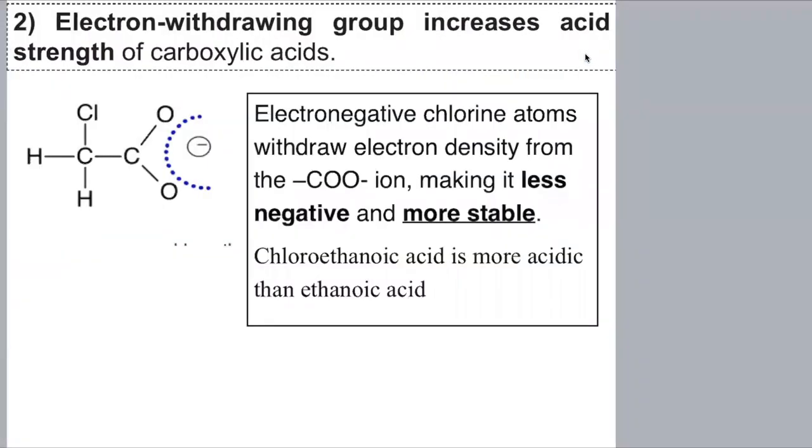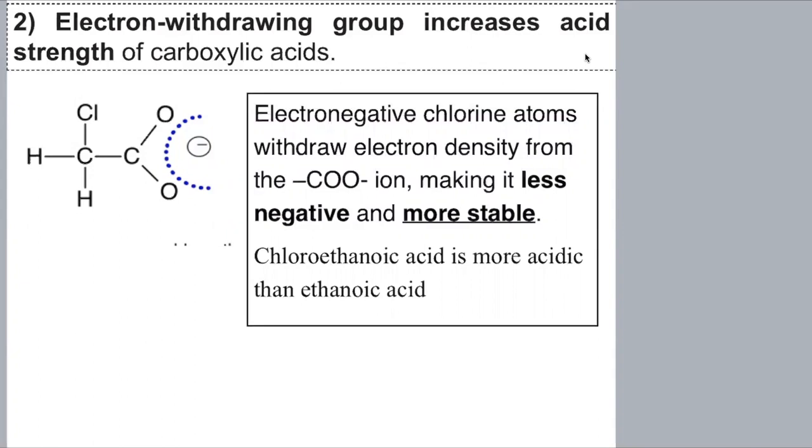Now we move on to the next type of group, which is electron withdrawing group. Okay, so electron withdrawing group has the opposite effect to electron donating group. Usually the electron withdrawing groups are the electronegative elements. Now, we know that fluorine, oxygen, nitrogen are highly electronegative elements, but don't forget chlorine is also an electronegative element.